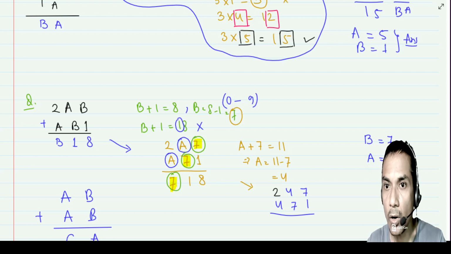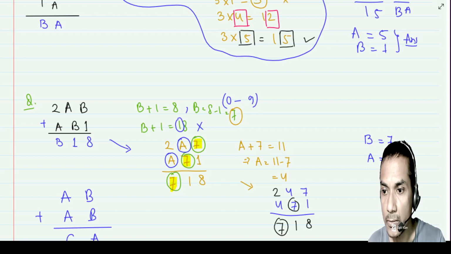Now you add all, you get the sums 8, 11, 7. So this B is okay, and A also okay. Clear? So now my answer is correct. So this is the right answer.